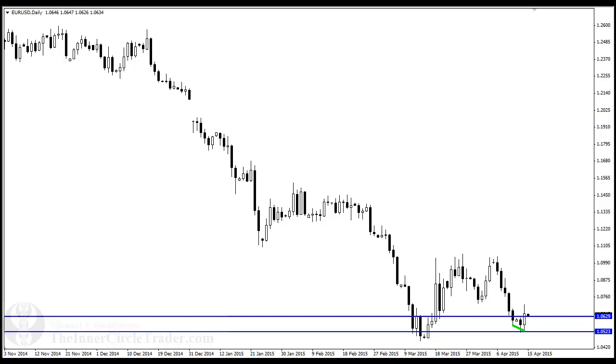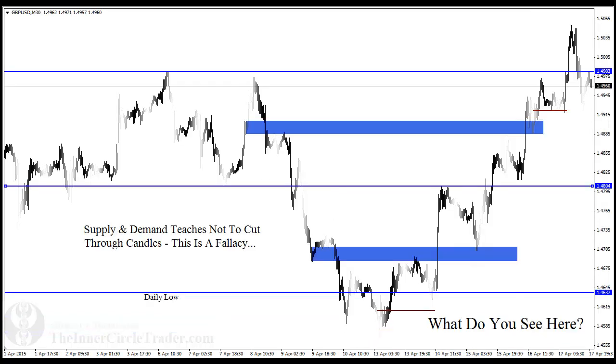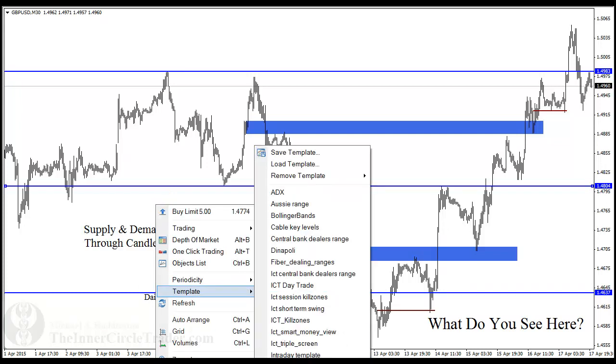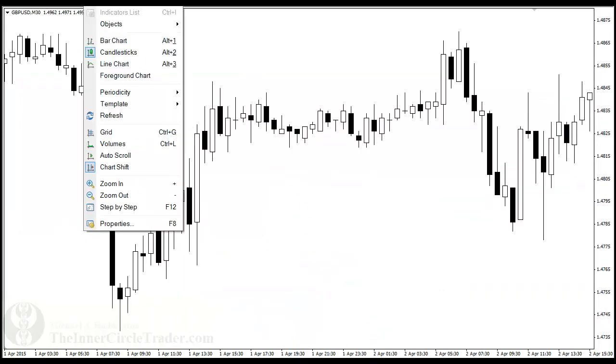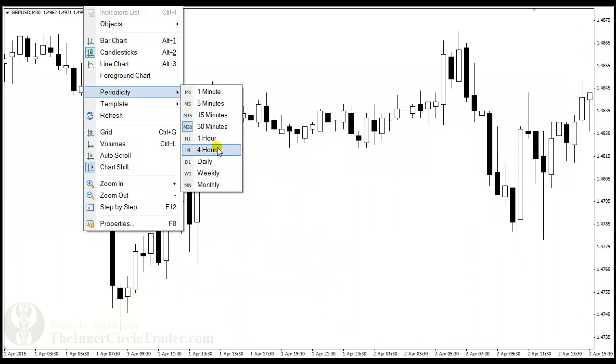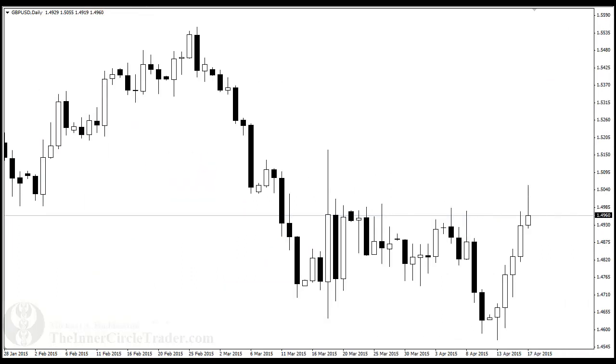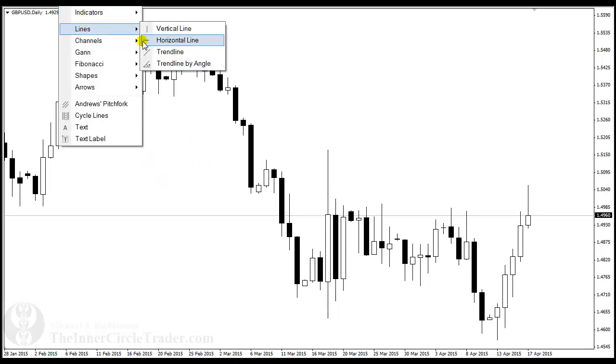At the same time, we had the British pound, and I'm going to have to take all this stuff off to get it, but that's fine. We've already talked about everything that needed to be talked about as it relates to that pair. I'm going to draw that daily low back on so you can see where I got it from.